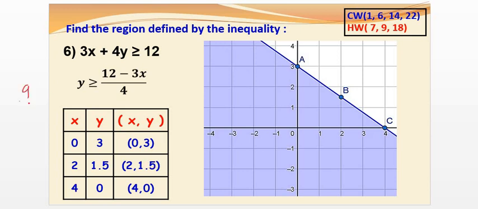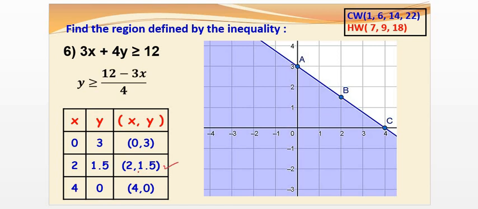When you divide 9 by 4, it is 2.25. That is a little bit hard to find on the graph. So better try to choose values that do not give you a lot of decimals. If you replace x by 2, it will give you 1.5, and 1.5 is easy to find here, right?